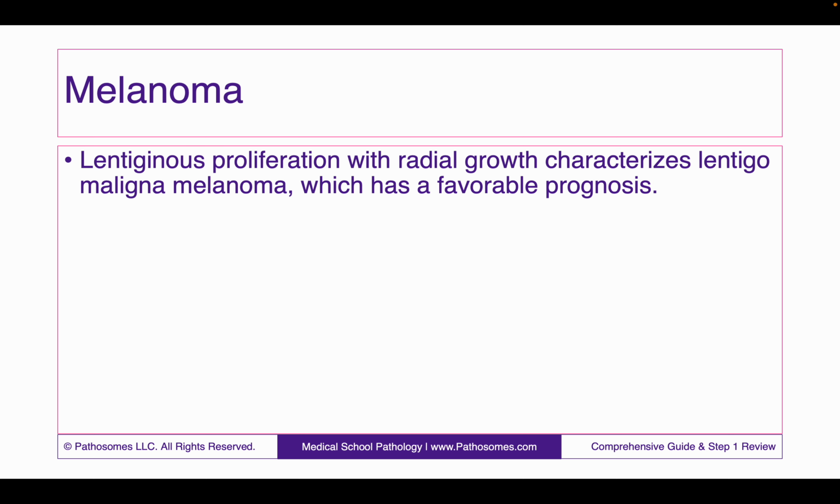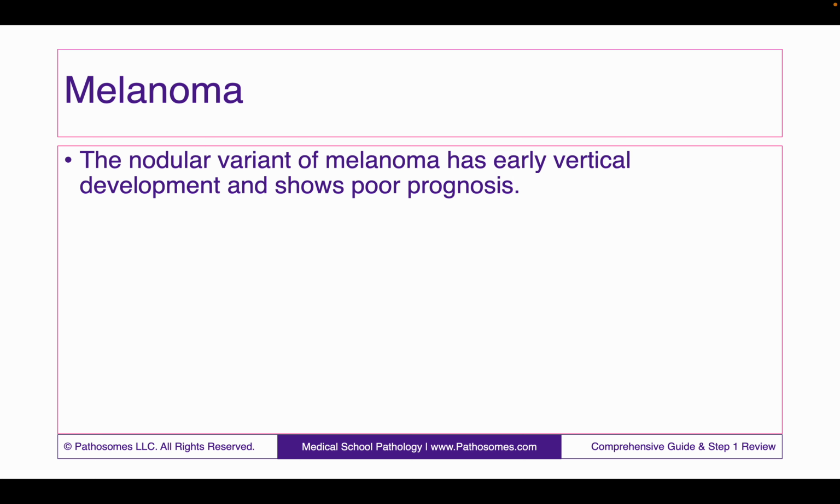Lentiginous proliferation with radial growth characterizes lentigo maligna melanoma, which has a favorable prognosis. The nodular variant of melanoma has early vertical development and shows poor prognosis.